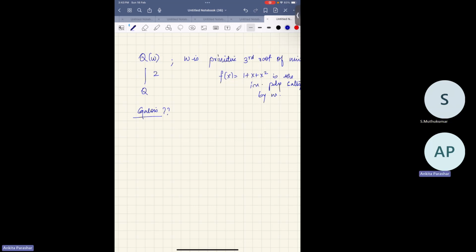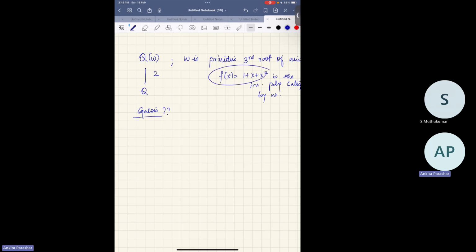But I'm saying that in this specific case, you don't need to check anything to say that it is Galois. What you'll have to see is whether this f of x is separable. Yes, you can say that way also.